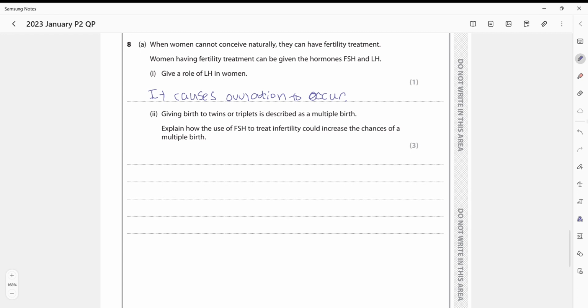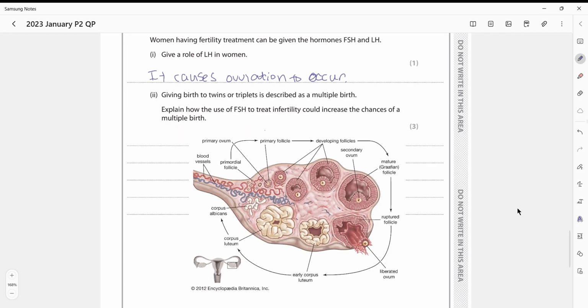Okay, part 2. Giving birth to twins or triplets is described as multiple birth. Explain how the use of FSH to treat infertility could increase the chances of multiple birth. So I've included a diagram here that shows the maturation of the follicles. You don't need to know too much about the nitty-gritty details, but FSH is the hormone that is responsible for the maturation of these follicles.